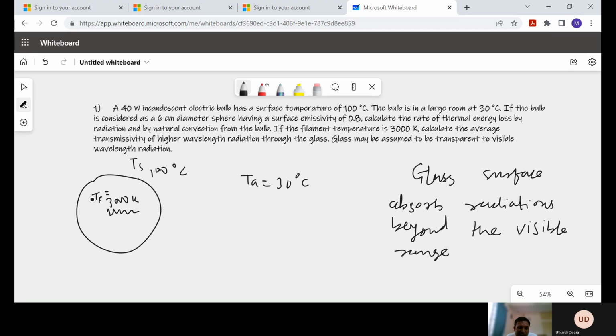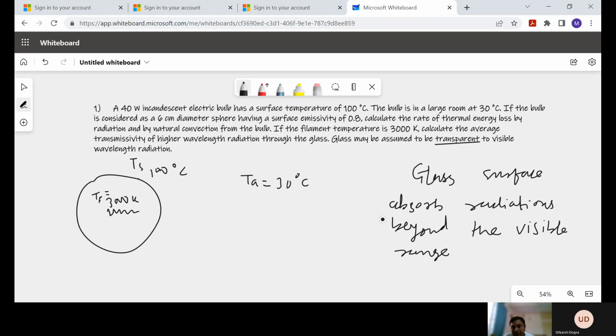Remember, this glass is transparent. When I'm saying a glass is transparent, what does it mean? All visible radiation will easily pass through it. Do you agree with me? Yes, sir. So when I'm saying this glass body is transparent, it will let all the visible radiations pass through it, and only part of the radiations beyond the visible range get absorbed.